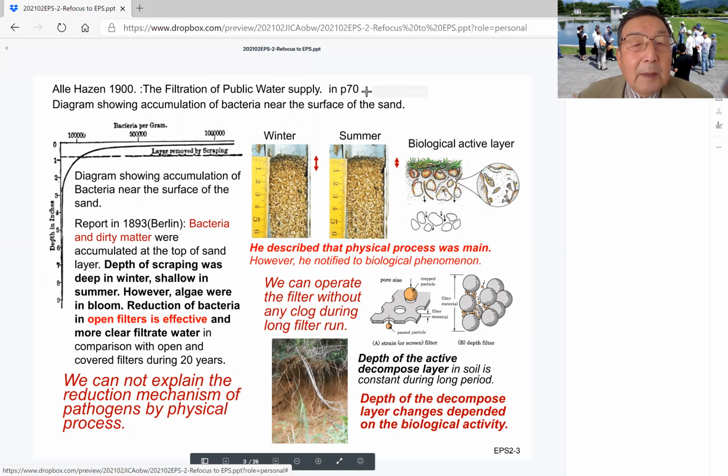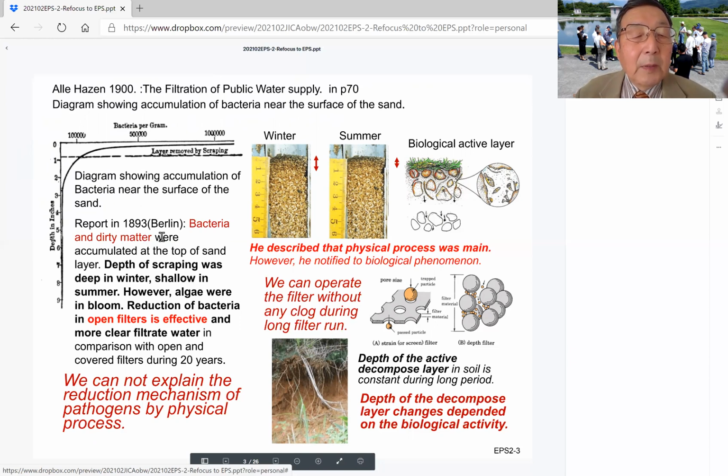On page 70, there is a clear diagram showing accumulation of bacteria near the sand surface: bacteria number against water and sand depth. They show accumulation of bacteria near the surface of the sand. This was reported in 1893 in Berlin.